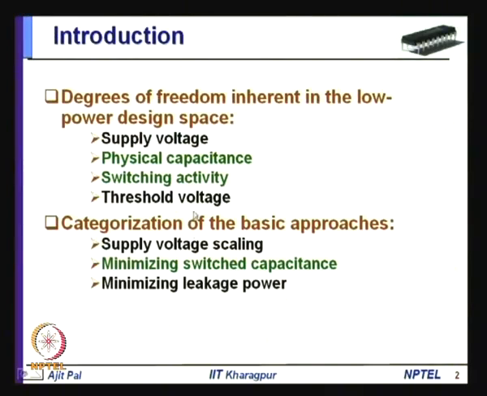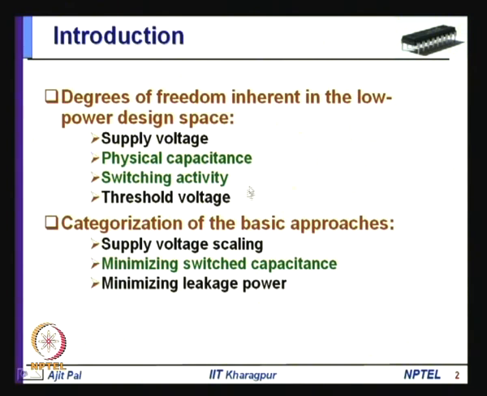And as you know, based on our study of sources of power dissipation, we identified 4 degrees of freedom, that is supply voltage, physical capacitance, switching activity and threshold voltage, which can be used to reduce power dissipation in CMOS circuits.